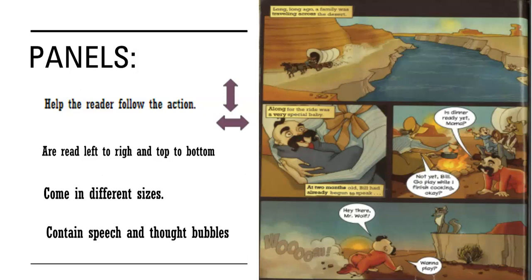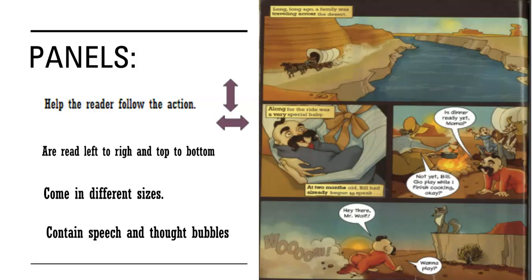Okay? As you can see on the screen from Pecos Bill, Colossal Cowboy, panels come in different sizes, and that will help us determine how long the scene is in the panel and how important it is or how fast it is. Right?